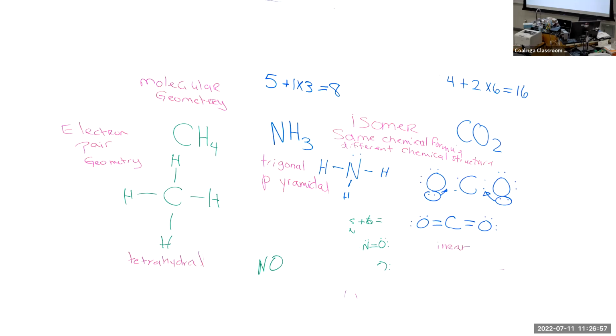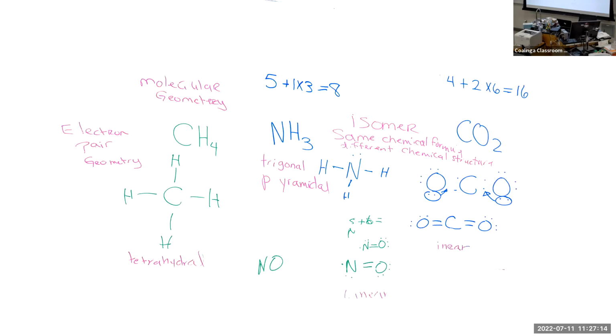Now, trigonal pyramidal, right? Its molecular geometry is pyramidal, because that's what we see. Its electron pair geometry would be tetrahedral because it has 4 things that are going to be attached.